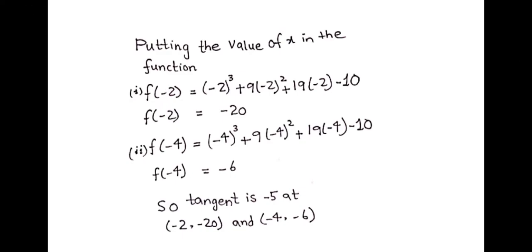So we find the value of x, but to find the value of y, we have to put that value of x in the function and find the value of y. Basically, for the first value of x, which is -2, we find the function at that point -2, and we find the value of y.